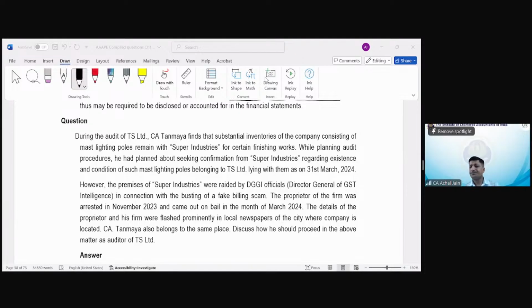Over to you. So, what are going to be your considerations as an auditor in the given case?